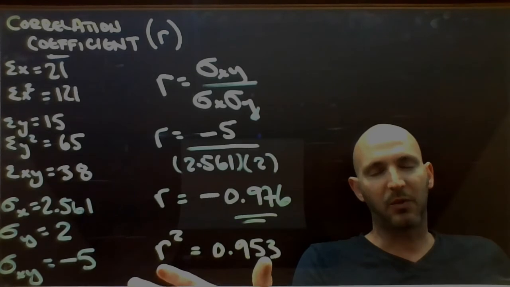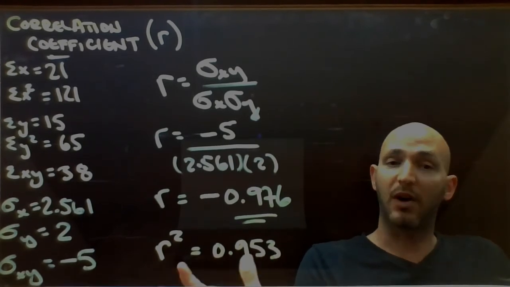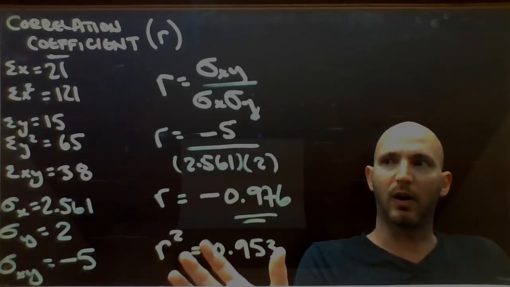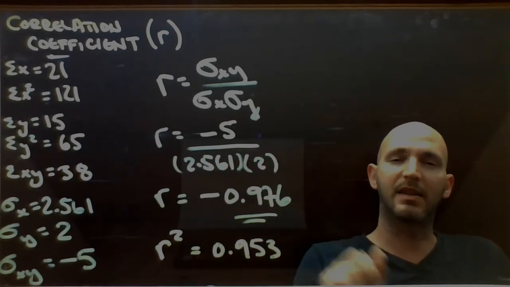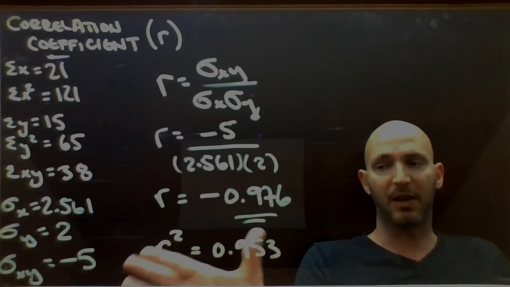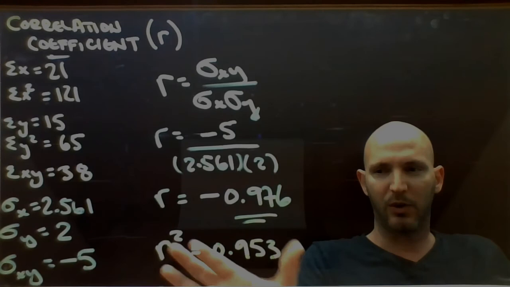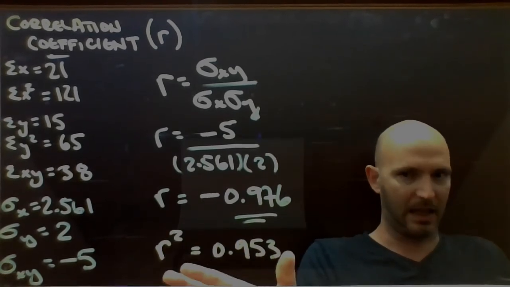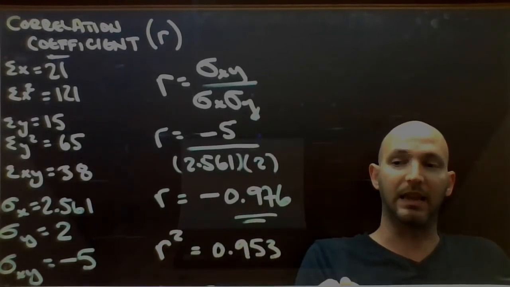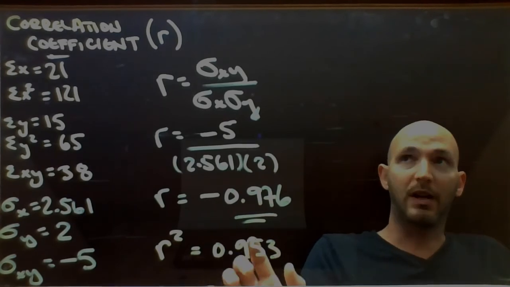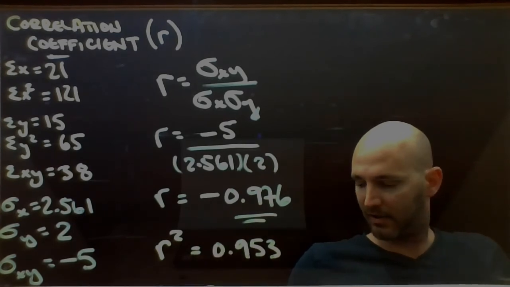And this is the number that's quoted on a spreadsheet, or anytime you ask for how well a data set fits the line of best fit you've drawn, they quote you the R squared value, which is saying that it's 95% linear.